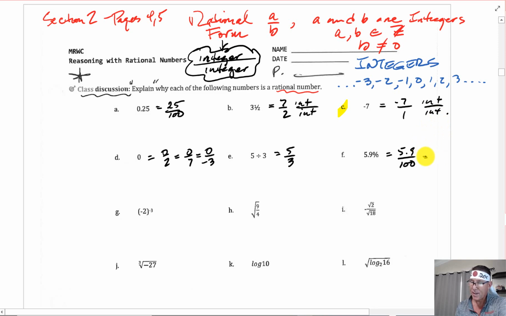So you have to multiply it by 10/10. You can do that. You can multiply it by any form of 1. So what do you get? You get, obviously, 59 divided by 1,000. 59 thousandths. And guess what? 59 and 1,000 are both integers, so therefore it's rational.